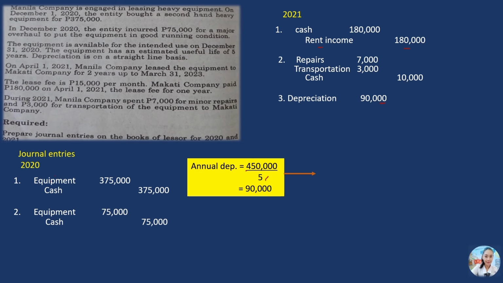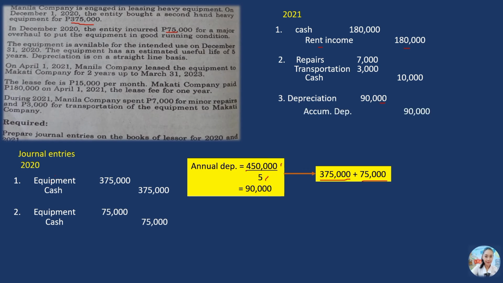So that is 90,000. The 450,000 comes from the 375,000 price of the second-hand equipment, plus the 75,000 cost of the overhaul, which we add together, giving 450,000. Alright.